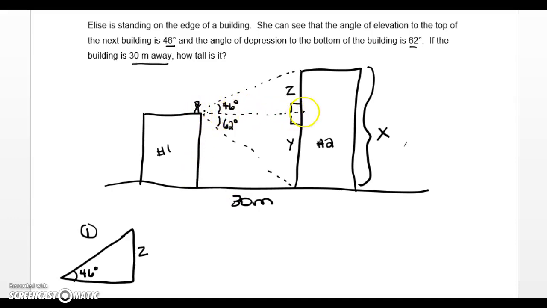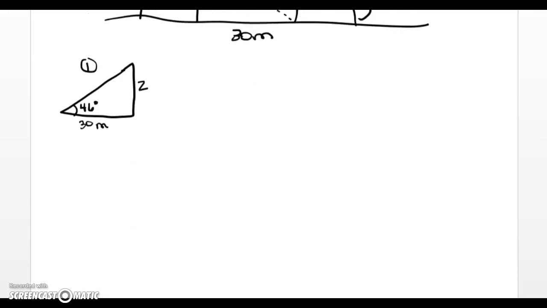So this length right here should also be 30 meters in our perfect world. We can use this 30 meters and label that right at the bottom of that triangle, and now we have enough information to try and use a trigonometric ratio.